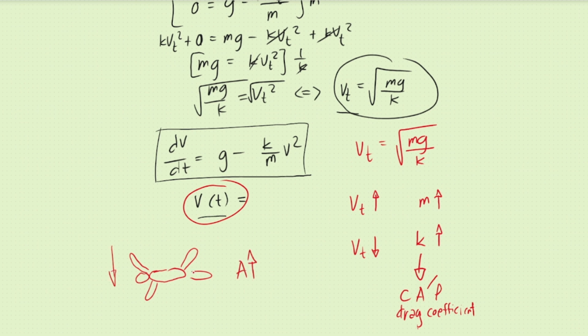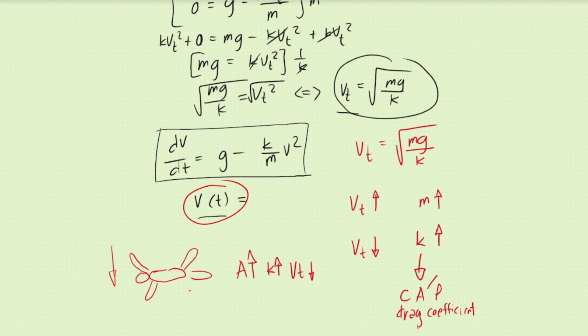To increase the cross-sectional area of the object, you have to spread out your body, in a spread-out posture. That increases your cross-sectional area and so increases your k. So if you increase your k, you decrease your terminal velocity.